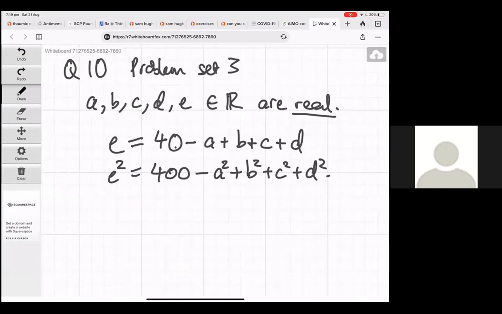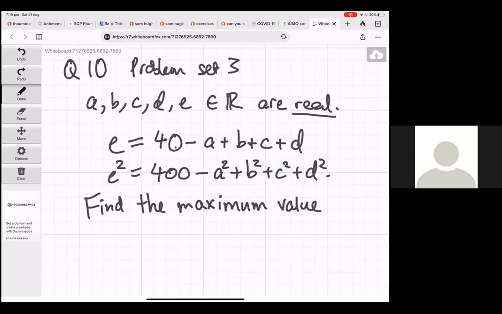And the question is, find the maximum value of E such that this is possible.